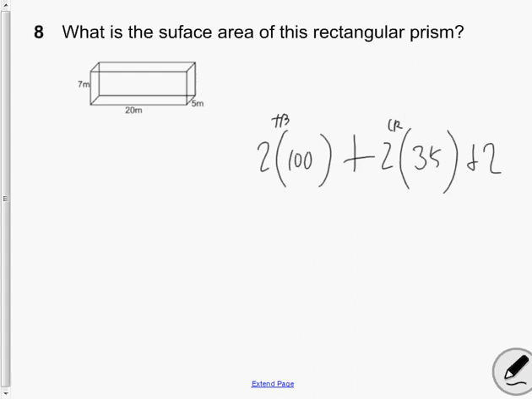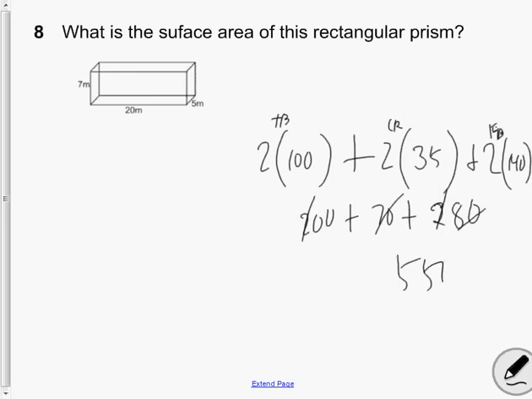And we have 2 front and back, which are 20 by 7s, which are 140 each. When I add all this together, I get 200 plus 70 plus 280. That's 200, 400, 550 meters squared of surface area.